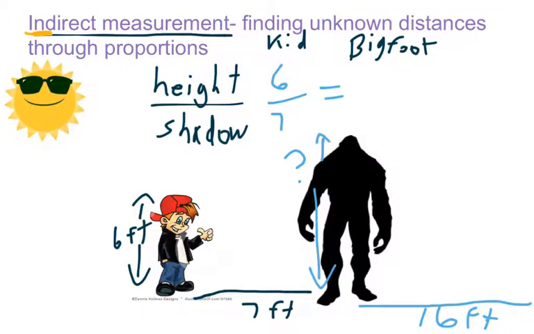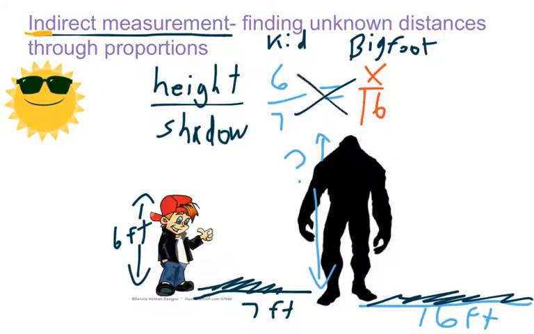So for Bigfoot, his height we don't know, so we are going to call that x. But we do know his shadow. His shadow measures 16 feet. And there's his shadow. So 16 feet. And now 7 will not go evenly into 16, so we need to do cross products.